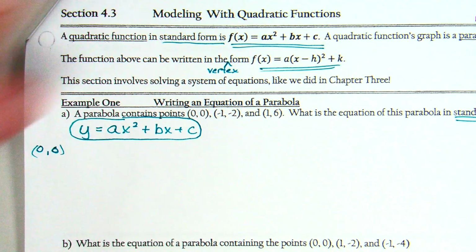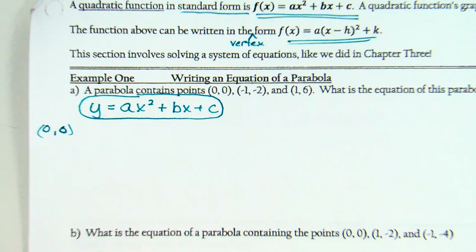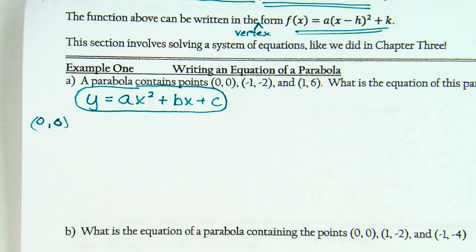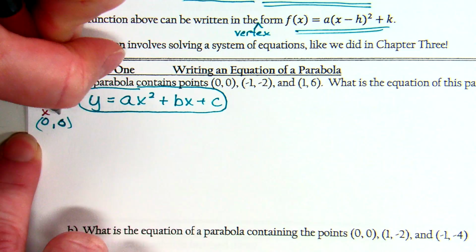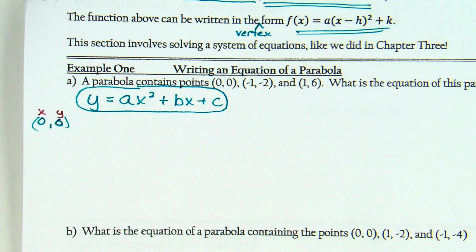And remind me, what do I know about an ordered pair? What are the numbers in an ordered pair representing? X and Y. There we go. Okay, so what we can do here, this (0, 0) represents 0 for X and 0 for Y.